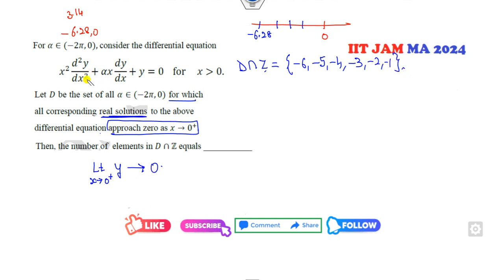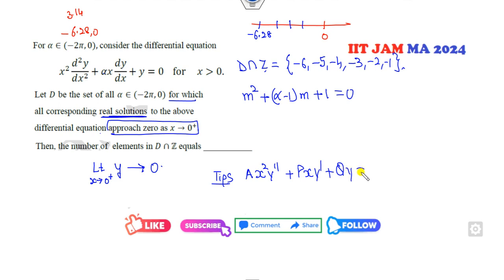Now, what is that? It's a Cauchy-Euler equation. I can write this equation as m square plus alpha minus 1 into m plus 1 equals 0. Always remember, whenever you have the Cauchy-Euler equation like a x square y double dash plus p x y dash plus q y equals 0, you can write the equation directly as a m square plus p minus a into m plus q equals 0.